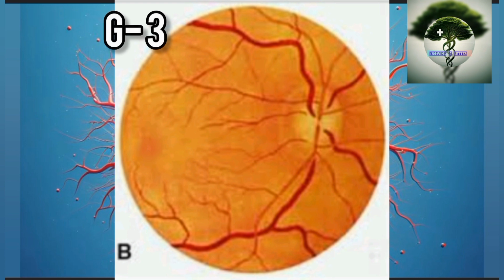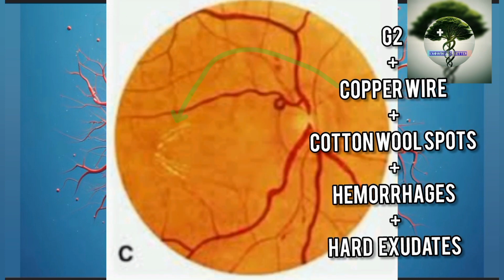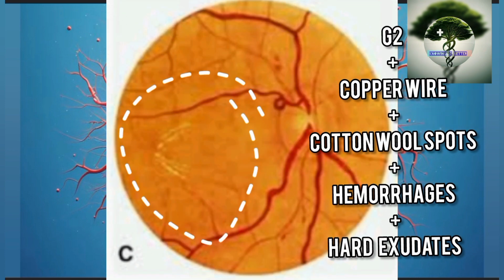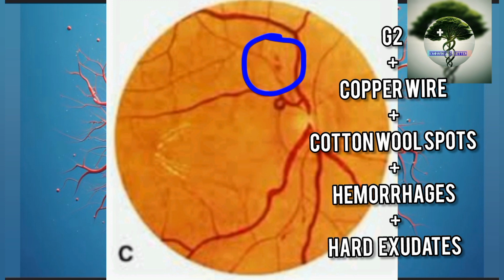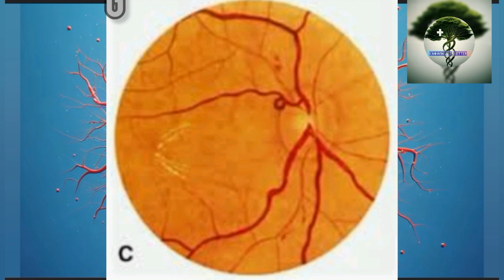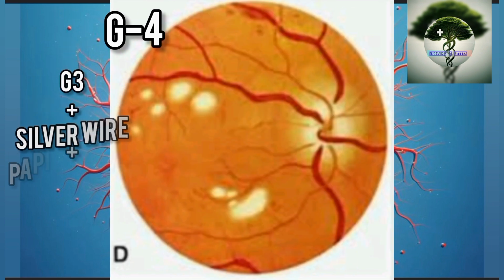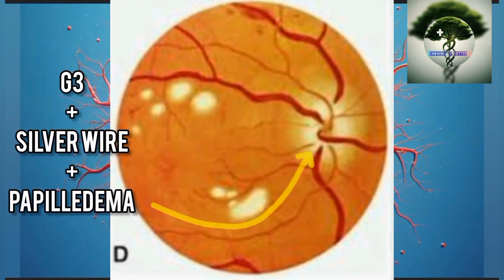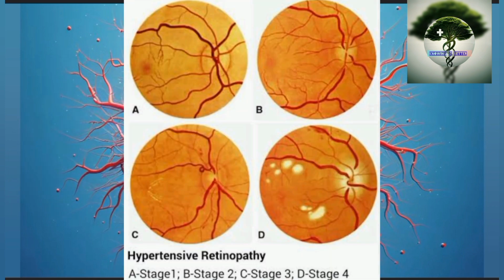Grade 3 is grade 2 plus copper wire plus cotton wool spots plus flame shaped hemorrhages and hard exudates. And grade 4 is grade 3 plus silver wire plus papilledema. Sudden rise of blood pressure can also lead to rupture of blood vessels, leading to sudden blindness.